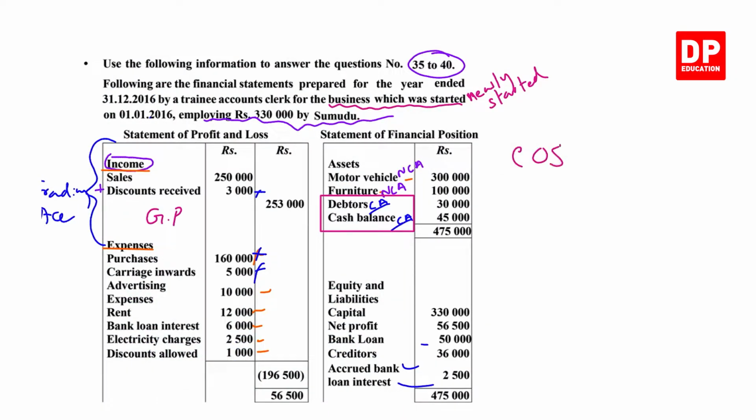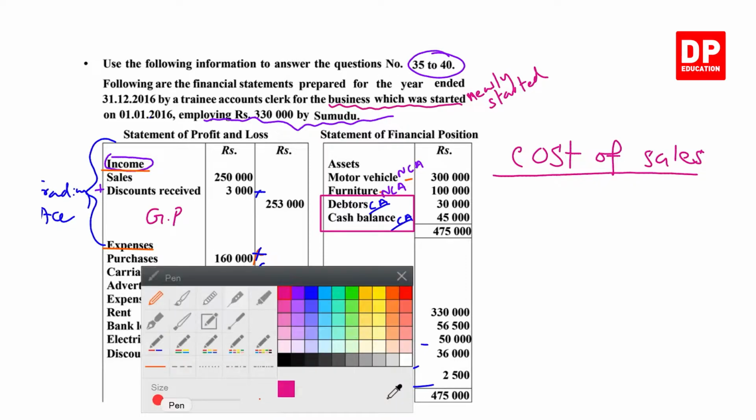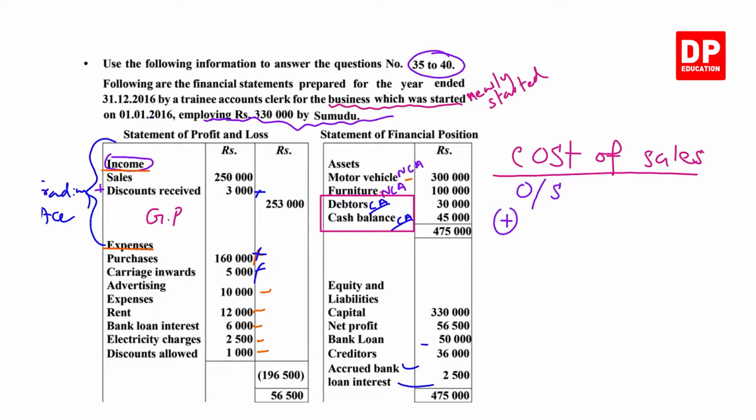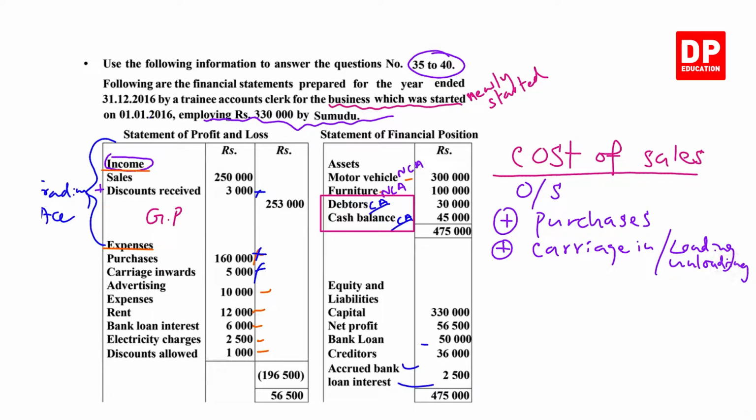Cost of sales equals opening stock plus purchases, plus carriage inwards if it is there, and loading and unloading, everything should be added, if given, and minus the closing stock.